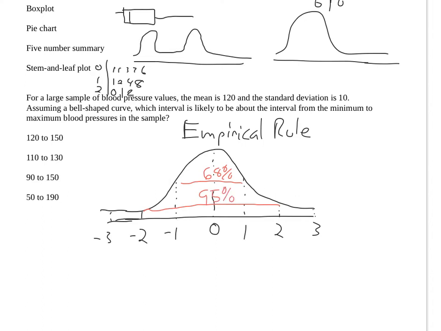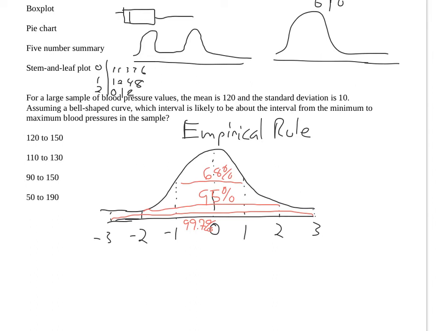And between 3 standard deviations below and 3 above, you should have 99.7% of your data. So that's what this question is referencing. Now, if you know that, what can you say about this sample?